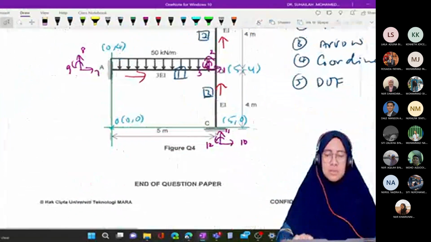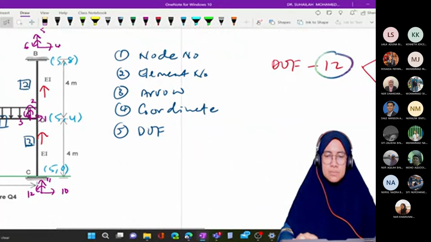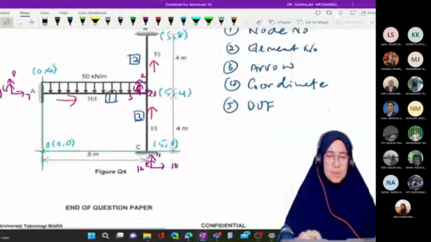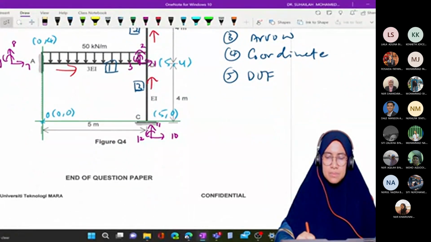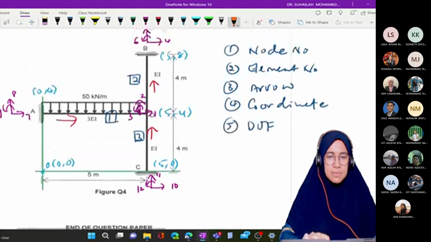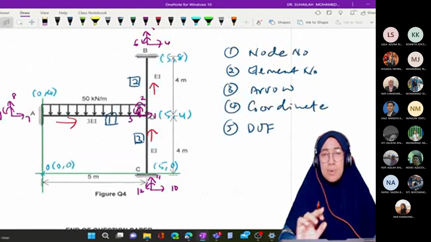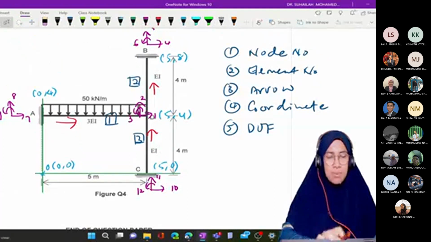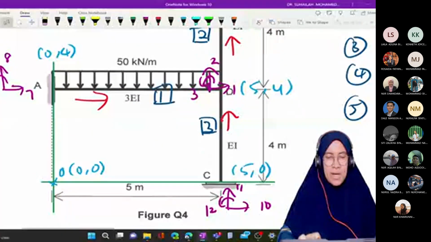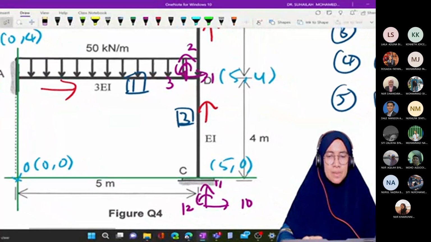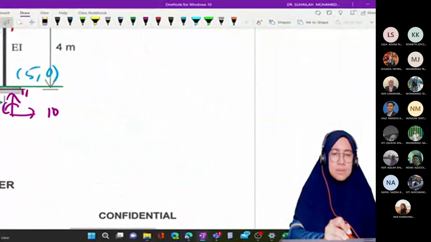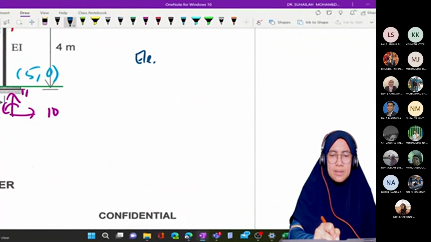So we focus on A and B first. We start with element number 1.